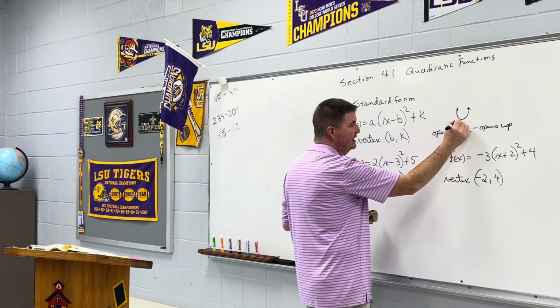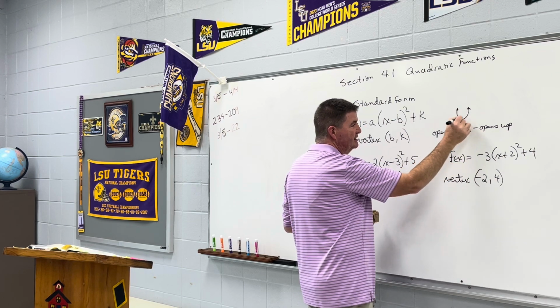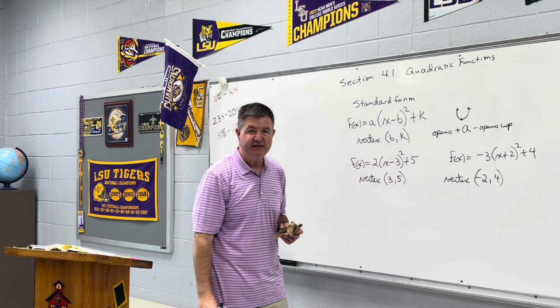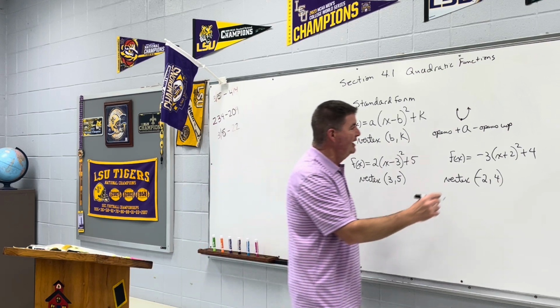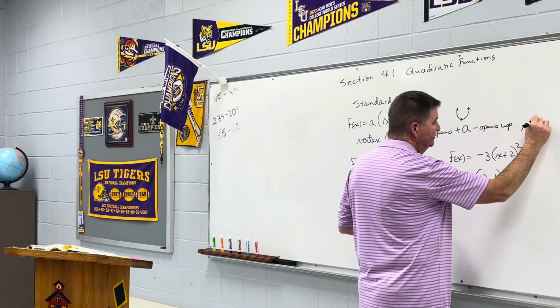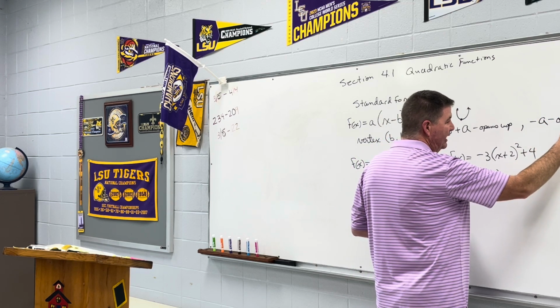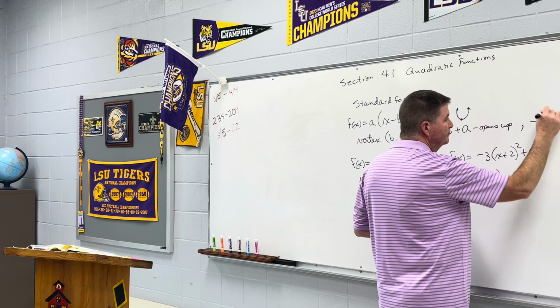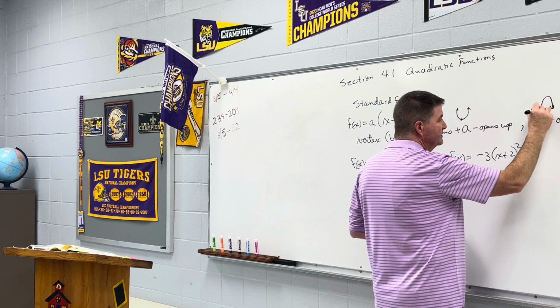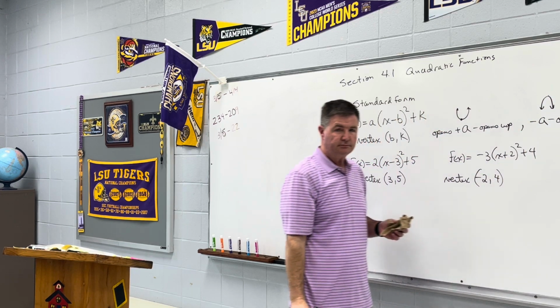We would have our vertex, and we would see that it opens up with the arrows facing up. If a is negative, then the parabola opens down. So it would look like this.